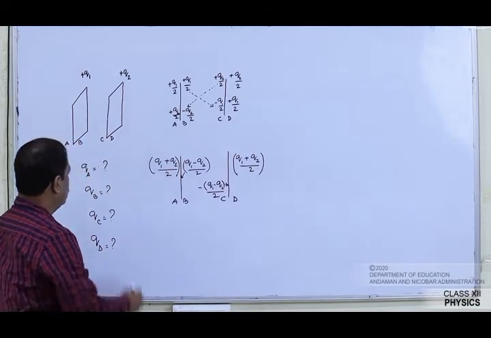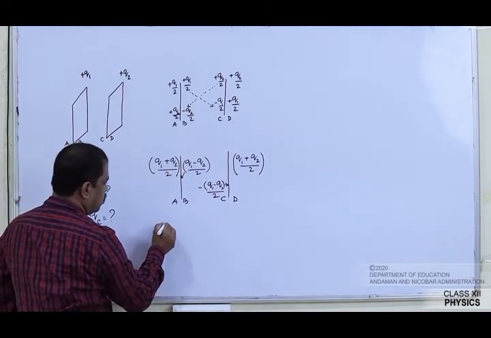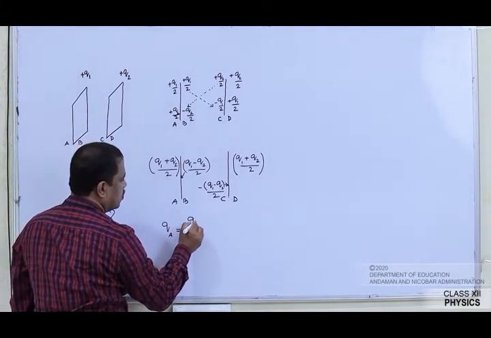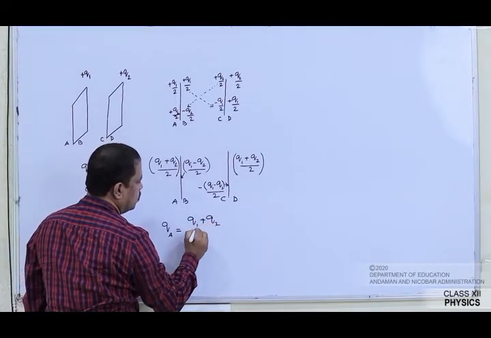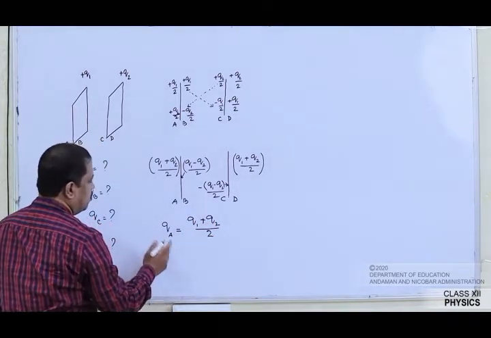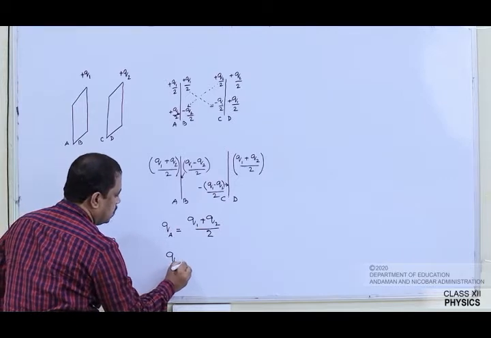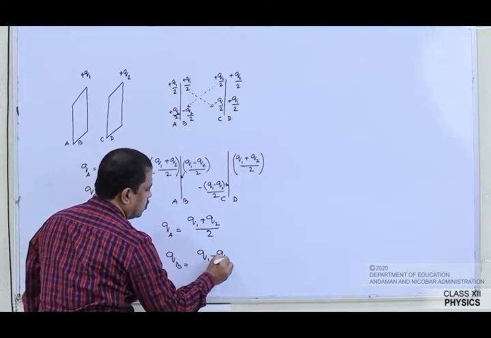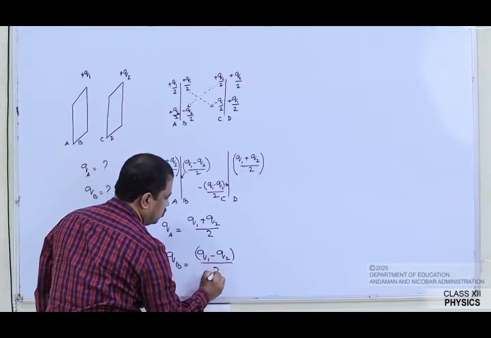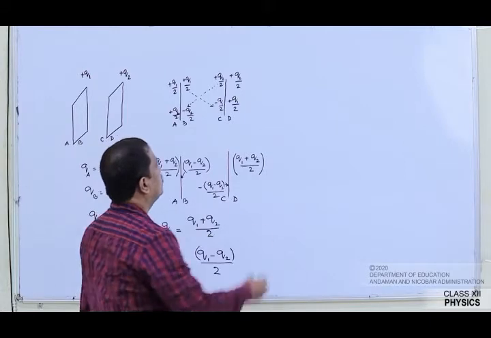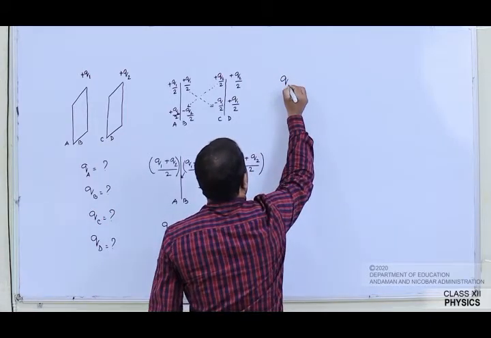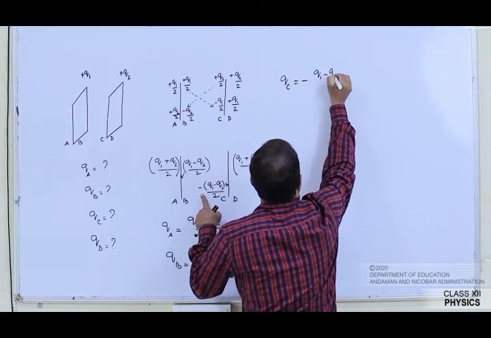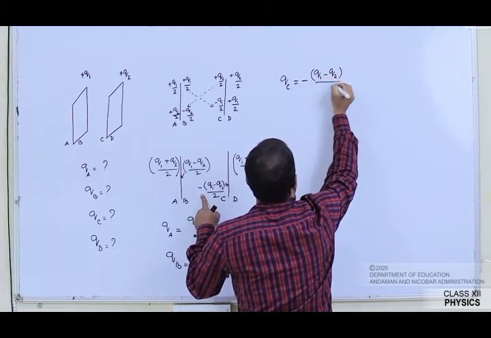Thus I have calculated the charges. So, QA, for face A, the total charge is q1 plus q2 by 2. For QB, it is q1 minus q2 by 2. QC is equal to minus of q1 minus q2 by 2.